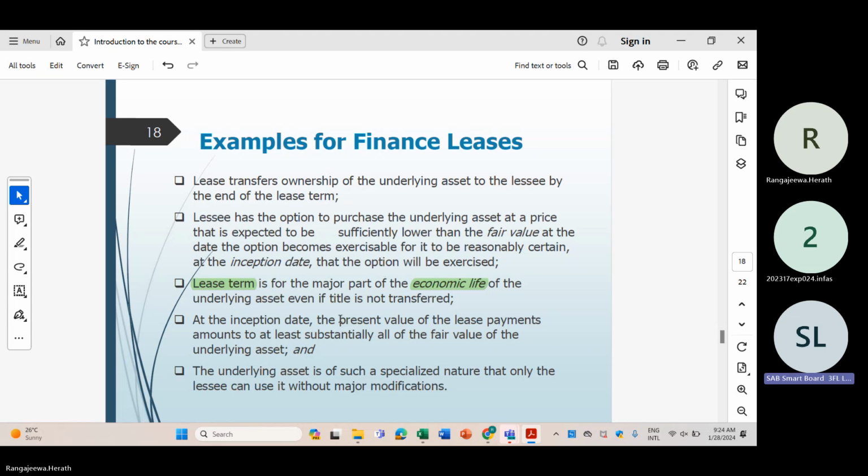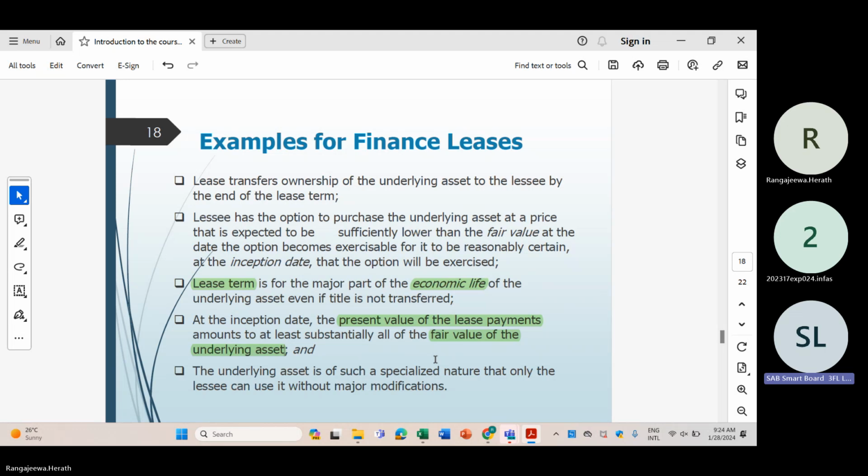Then when you take the present value of lease payments, that should be basically the fair value of the asset. Normally the lease installment is calculated so that these two are close. Let's say we lease a vehicle worth 5 million.